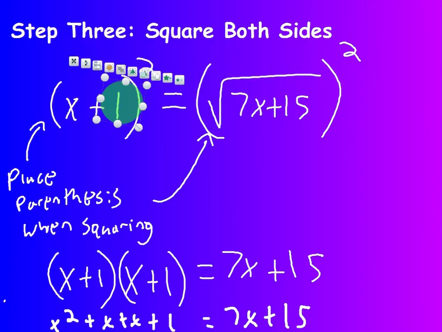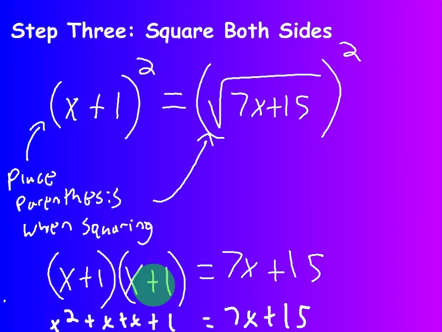Now let's talk about the left, though. How come we can't just distribute this 2 to the x and to the 1? It's because of this plus sign, actually. When you square something, you multiply it by itself. So in order to square a binomial, you have to multiply it by itself, x plus 1 times x plus 1.